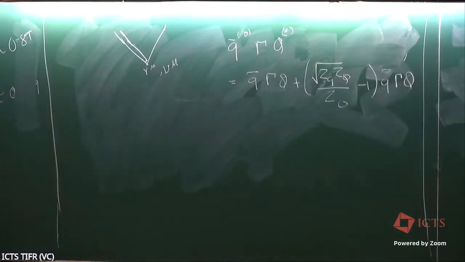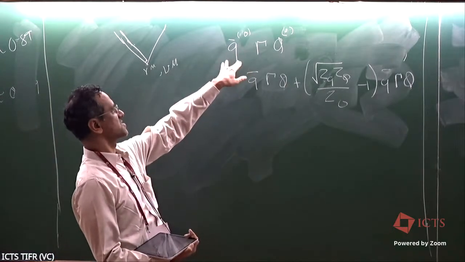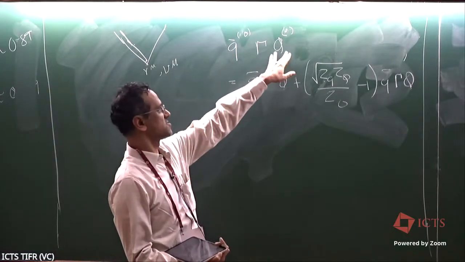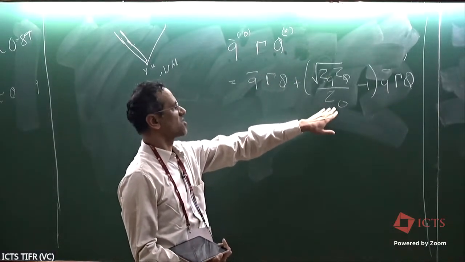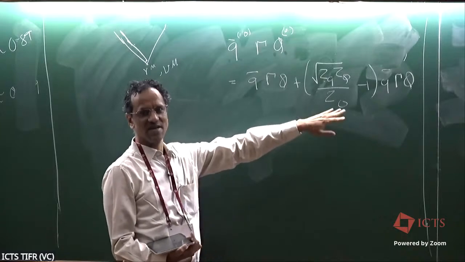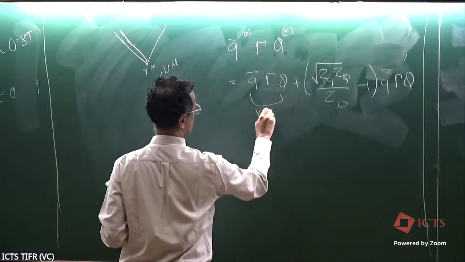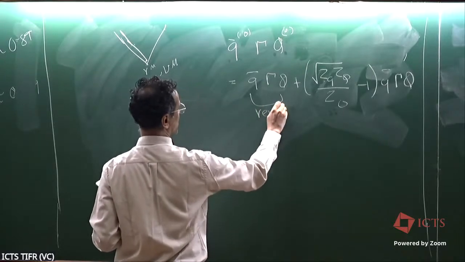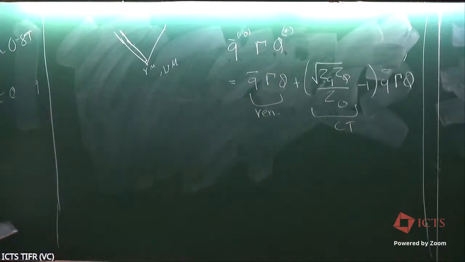So this Abhishek introduced last time. Basically, I have a renormalization of the Q, renormalization of the capital Q, and the overall renormalization of the operator, and that gives me the counterterm. So this is the renormalized operator, and this is the counterterm. Okay.